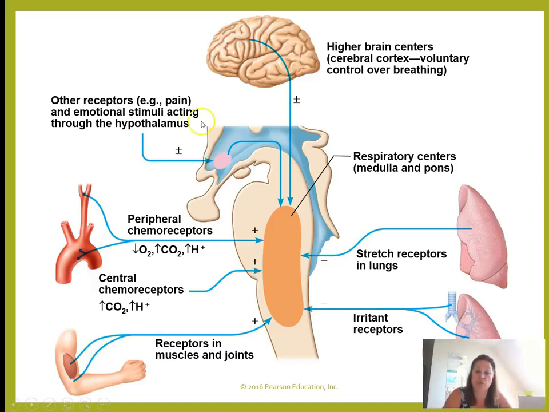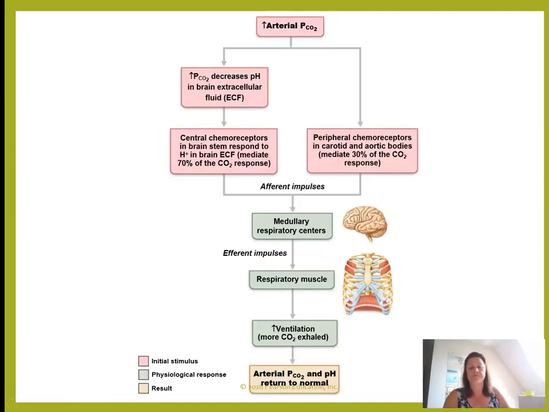So that's an emotional stimulus. So there's all kinds of different things that can affect the rate and depth of your breath by altering or stimulating the respiratory centers. Mostly it's chemo. Some of it is going to be voluntary. Others are going to be involuntary. All right, so pay attention to that one a little bit.